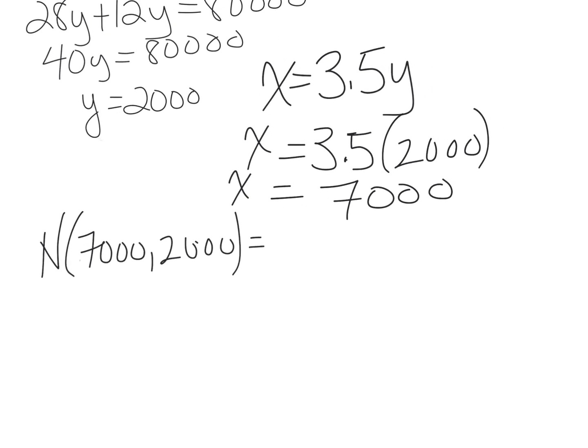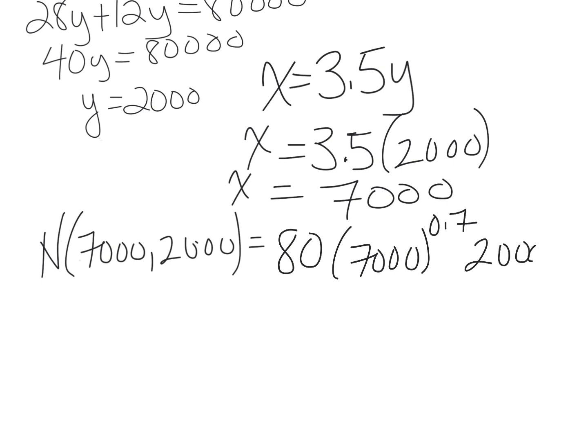Let me find that function again here. 80 times 7,000 raised to the power of 0.7 and 2,000 raised to the power of 0.3. 384,563.10.